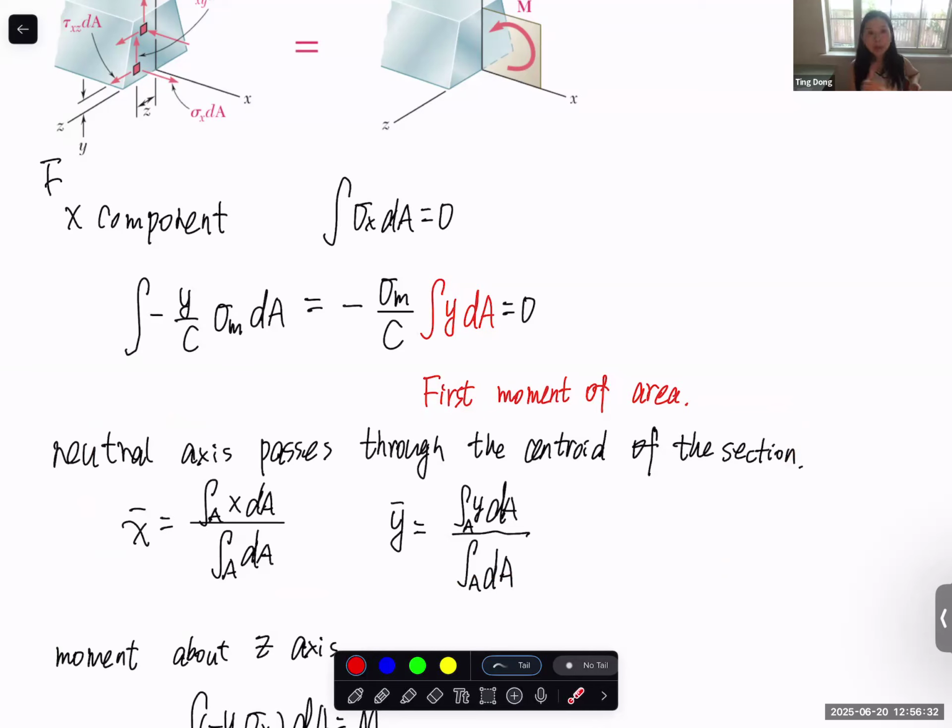So let's say you see a problem with a complicated cross section. When you see a rectangle cross section, you know the neutral surface is in the middle. When you see a circular cross section, it's symmetric, so the neutral surface is at the center.